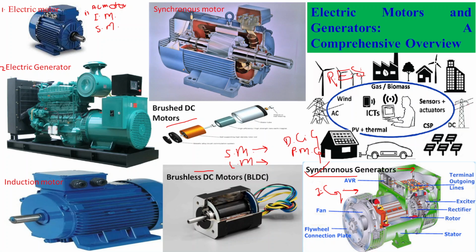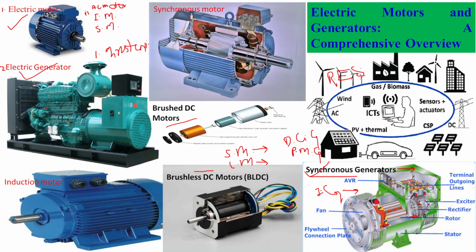So the applications of electric motors and electric generators: first we'll discuss the industrial applications. In industrial applications, electric motors are ubiquitous in industrial machinery and equipment, powering conveyor belts, pumps, compressors, fans, and machine tools.